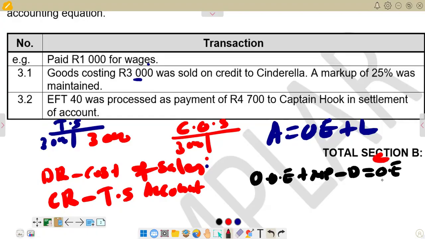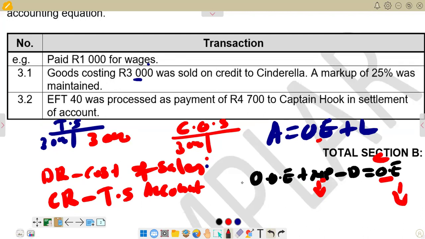So basically, the closing balance is the one that we have here. So what we are saying is when we are charging cost of sales, it reduces the figure for net profit. So this figure is going to go down. So if this figure goes down, it means also owner's equity is going to go down. So this is what we have.